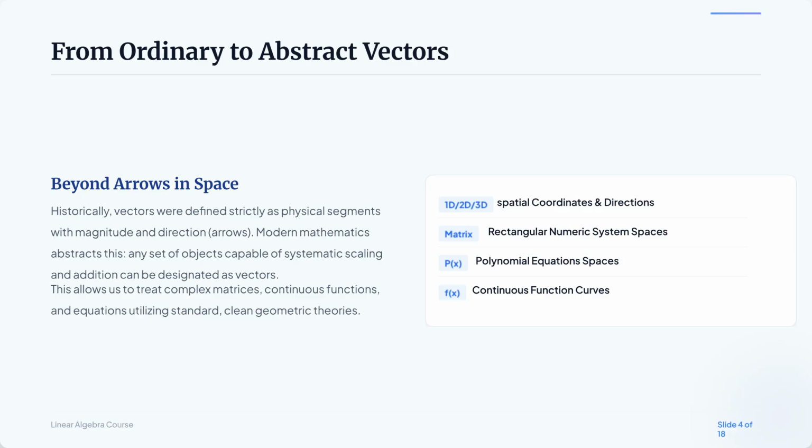Now it's more of a general idea, where any set of objects that support systematic scaling and addition can be treated as a vector. Okay, so covering everything from matrix systems to polynomial equations and functional curves.